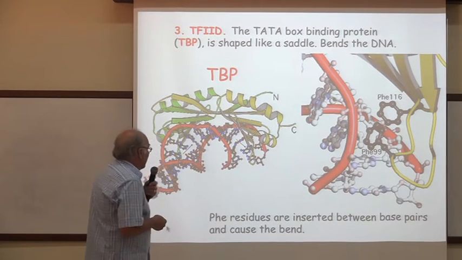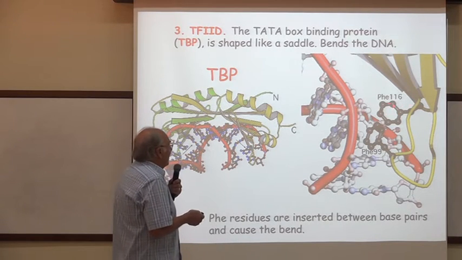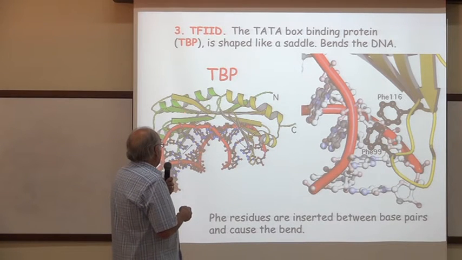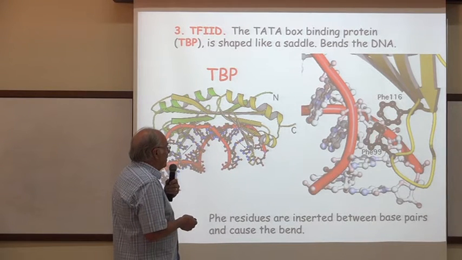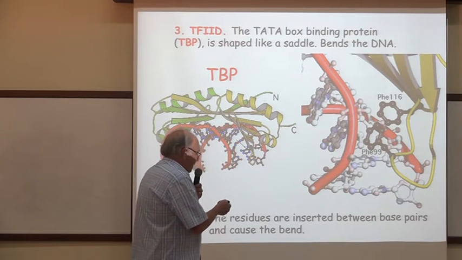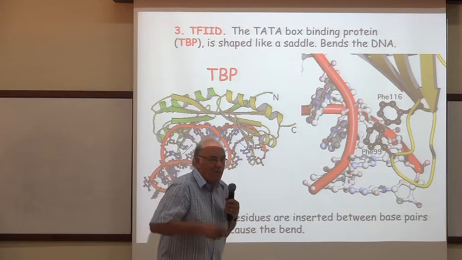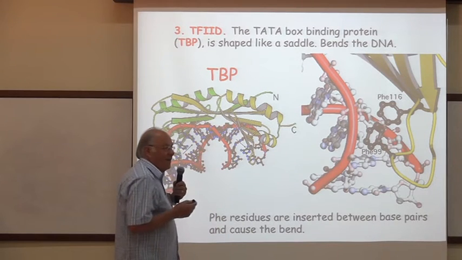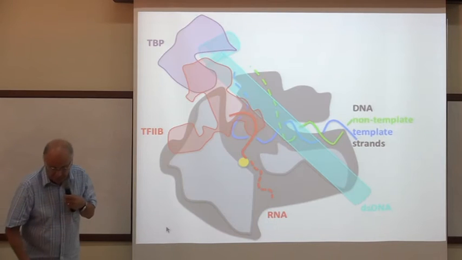And there are certain elements here that are on each side 2 phenylalanines of the TATA box binding protein, the dimeric protein, the green and yellow subunits. These two phenylalanines are inserted into the DNA, or intercalated, making the bend of the DNA. And the saddle is sitting across here bending the DNA. And this bend is quite important for the future function.